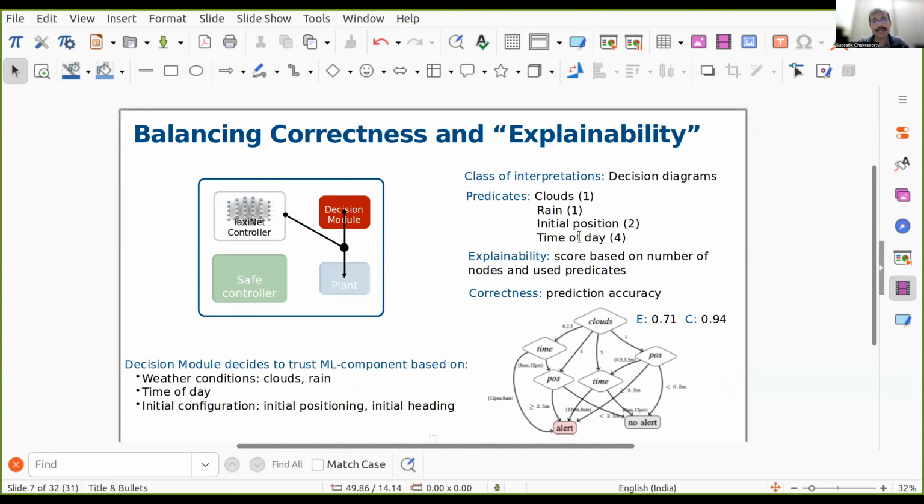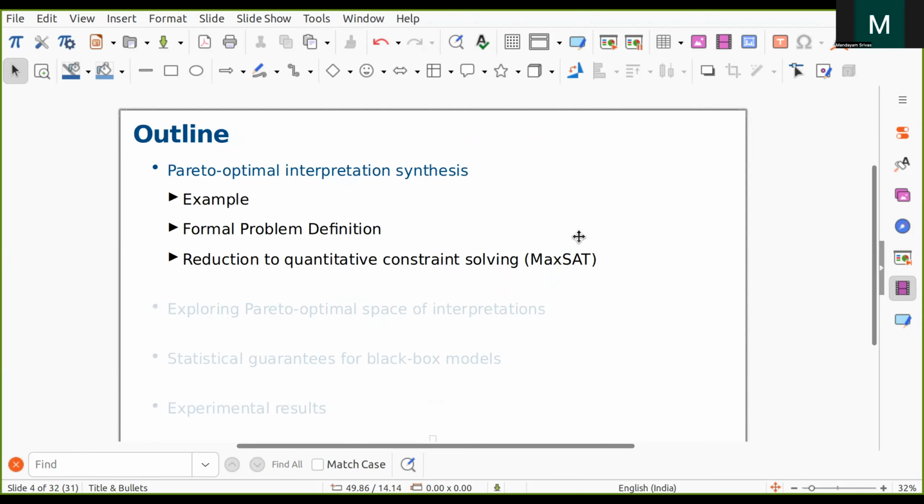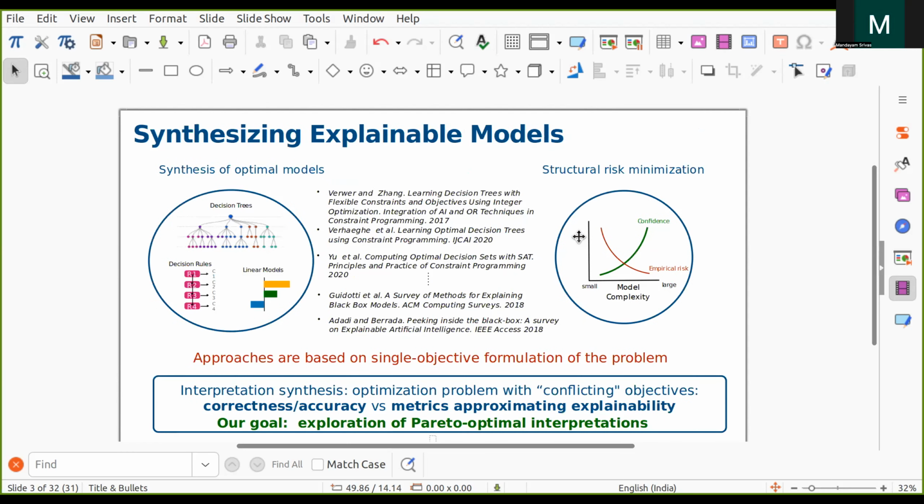Yes. Typically, in the large body of work, they combine these two metrics using some weightage. They don't separately optimize; that becomes the objective function to optimize when they're building these decision trees. There is also some work in the learning community which looks at these as multi-objective optimization.